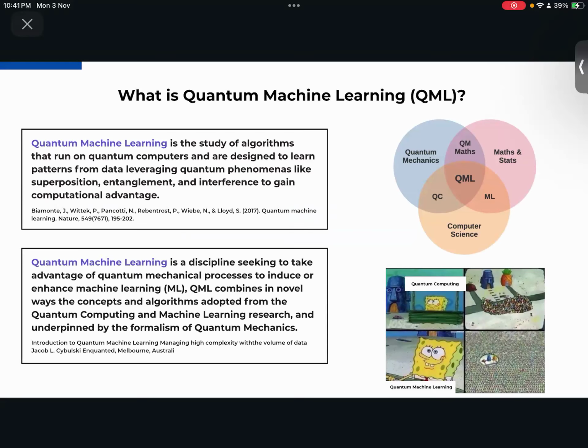So if you're asking the question, what is QML, or quantum machine learning? There are several definitions of quantum machine learning in the literature.